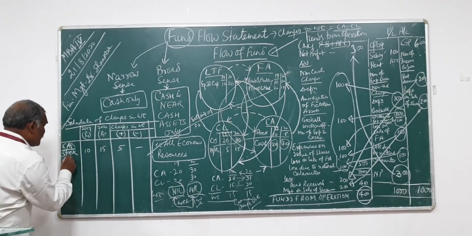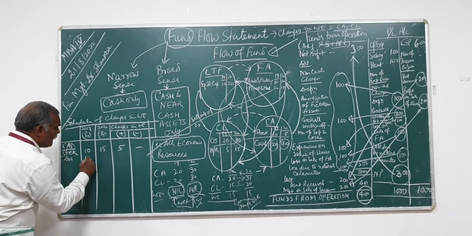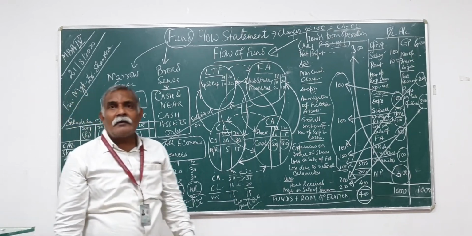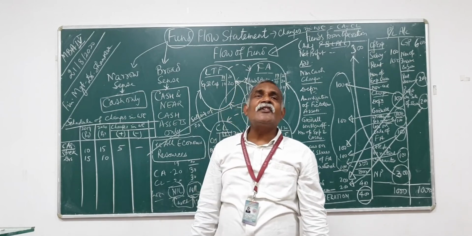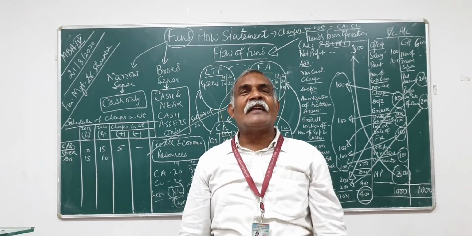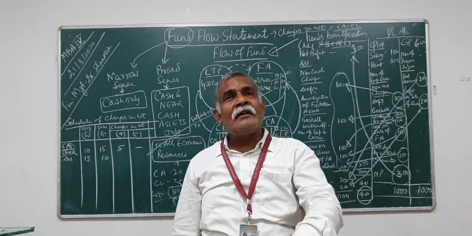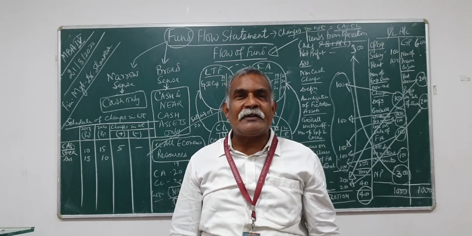Now you see, debtors. Debtors is suppose 15 to 10. Now forget about stock. Now consider debtors. Debtors is decreasing from 15 to 10. Debtors is also one of the current assets. And if the debtors will decrease, tell me the impact on working capital.